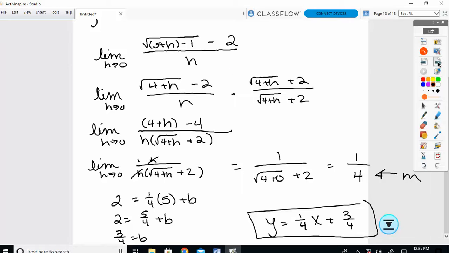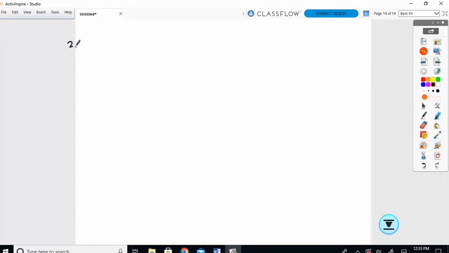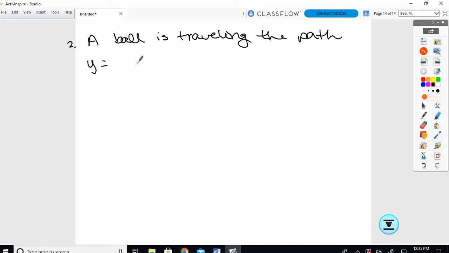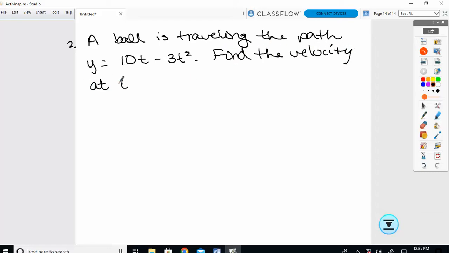What if I said a particle is traveling along the path y equals 10t minus 3t squared. Find the velocity at t equals 3.